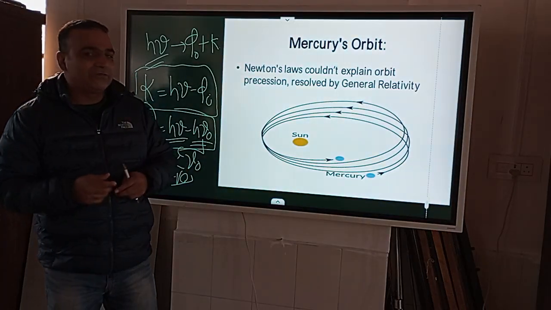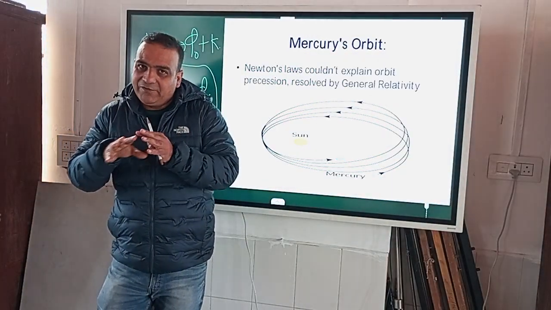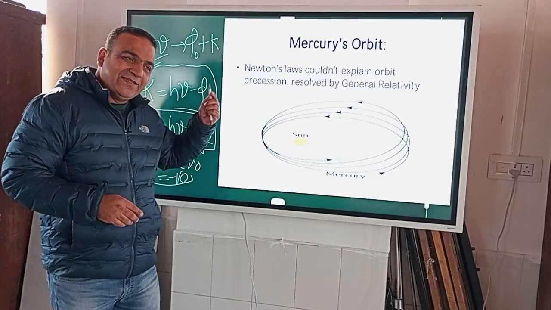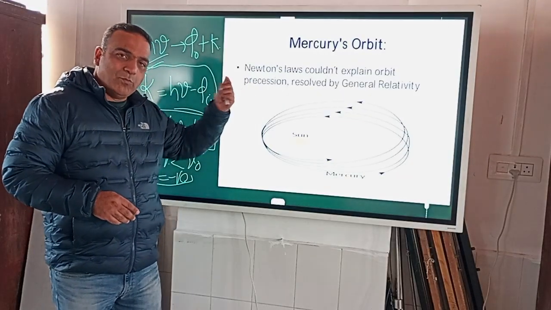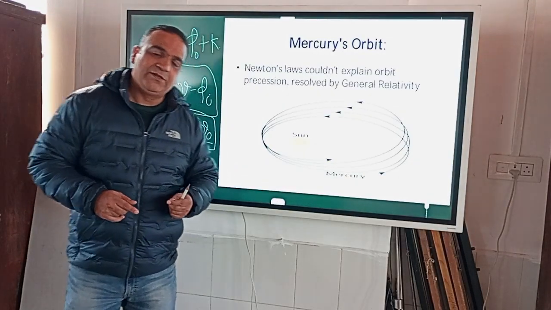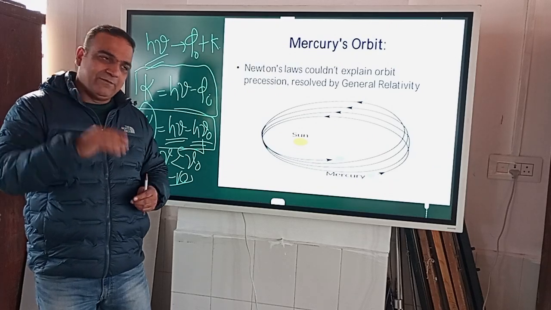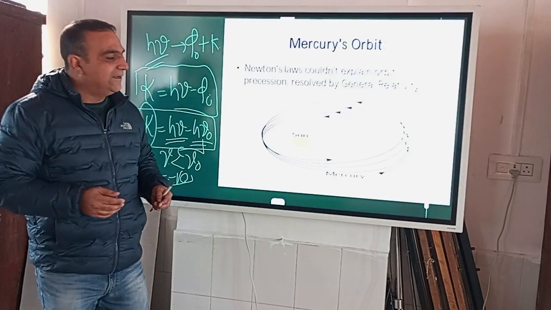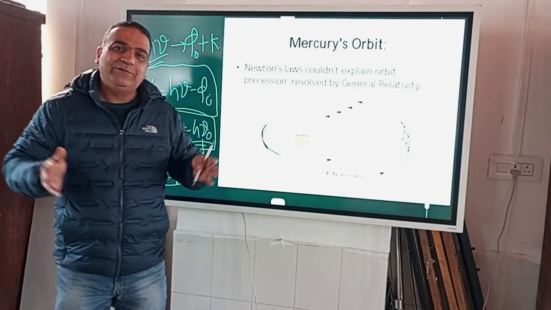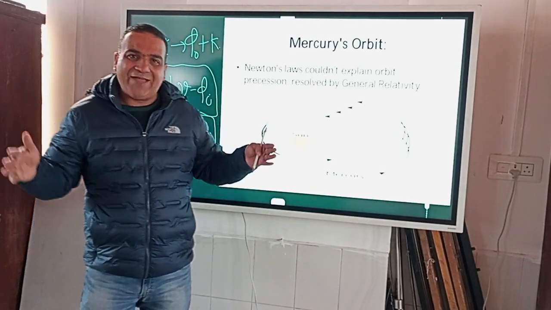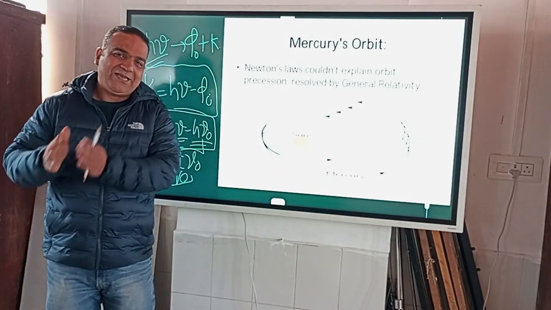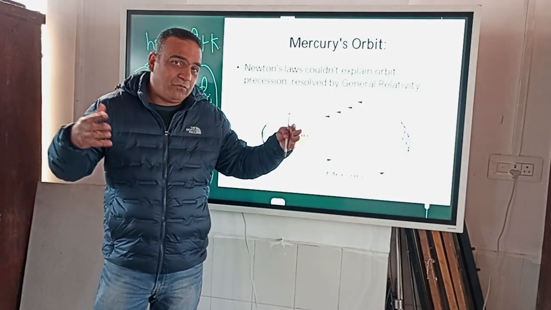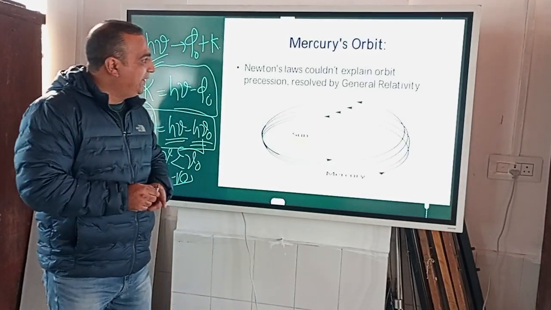And the general theory of relativity plays a pivotal role, and it precisely explains why there is more precession for Mercury with respect to the gravity of the sun, by simply treating gravity as space-time curvature rather than a force between two bodies.